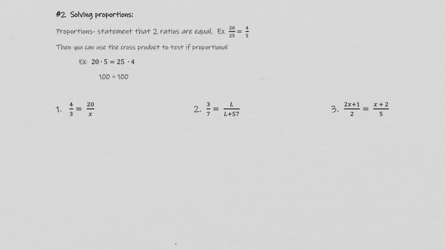If you were to get two ratios on one side, like say you had another something over here, let's say 5 over 6, cross multiplying doesn't work, but in this case, cross multiplying will work. If I take 4 times x, I get 4x, and then I take 3 times 20, and I get 60.